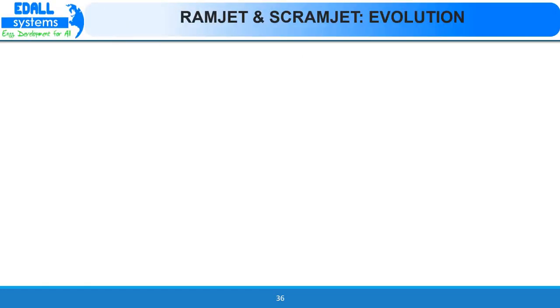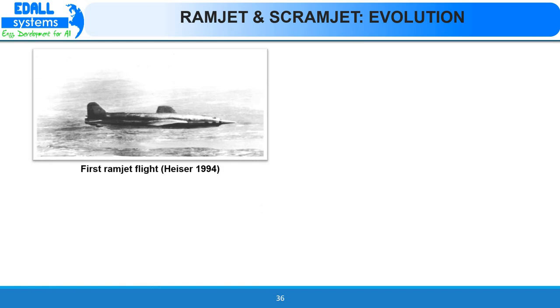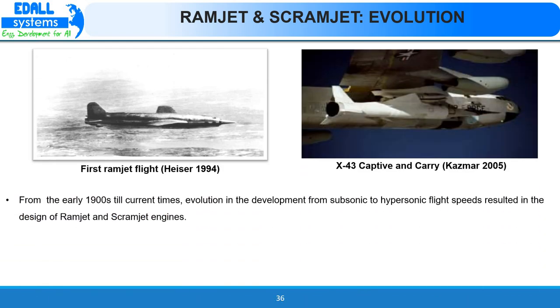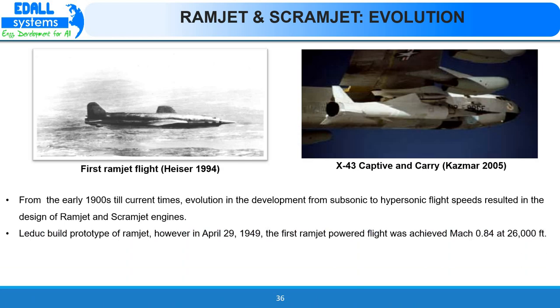Next, we shall see the evolution of ramjet and scramjet engines. From the early 19th century till current times, evolution in the development from subsonic speeds to hypersonic flight speeds resulted in the evolution of ramjet and scramjet engines.